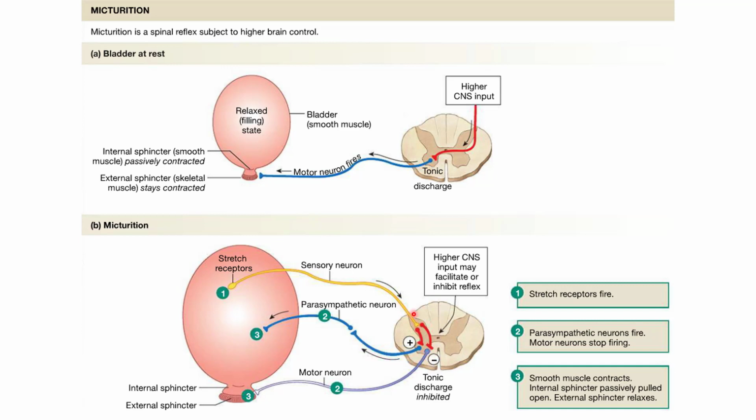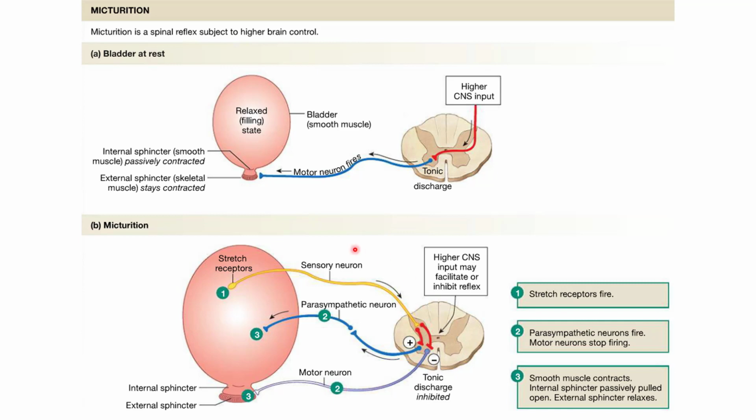The second thing is that it is going to inhibit the tonic discharge that is stimulating the motor neuron. So we have an excitatory pathway along the parasympathetic and an inhibitory pathway along the somatic motor neuron, which causes the external sphincter to relax.